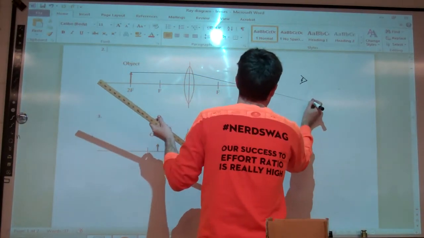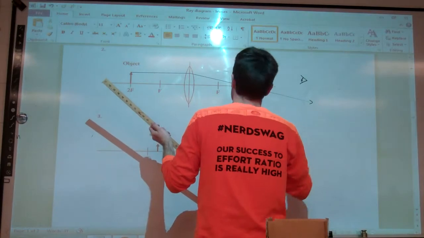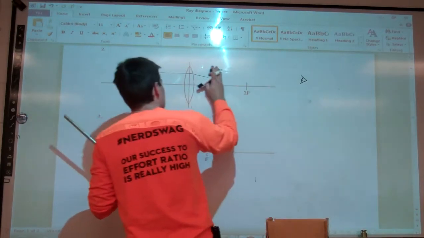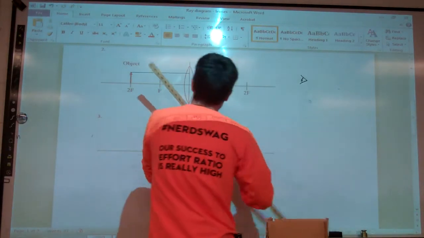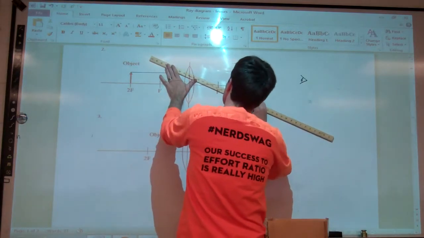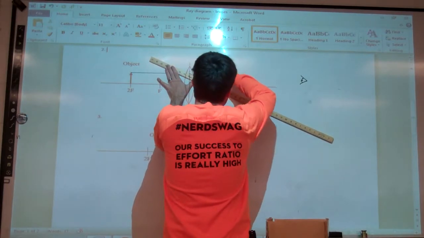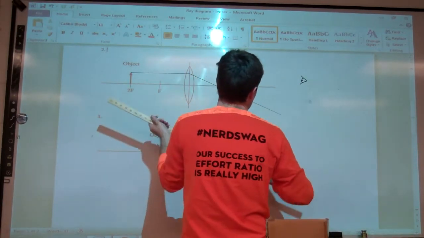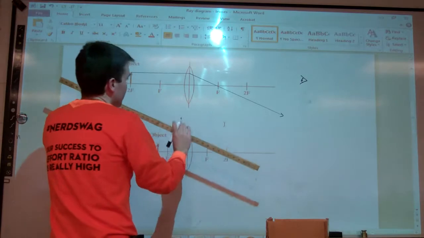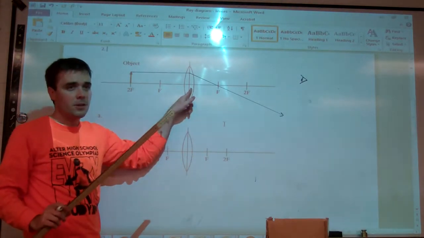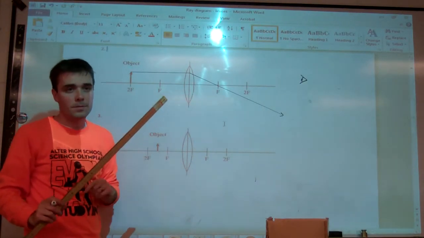Nope, that's not right. Wrong place to draw through. It goes through F, not 2F. Do you guys like drawing it through the center, or would you rather draw it through F and then over straight?